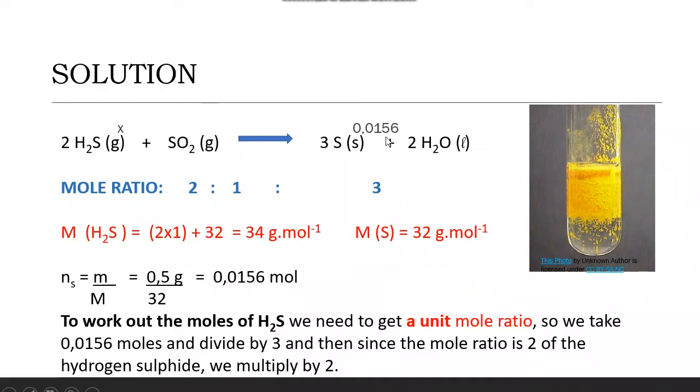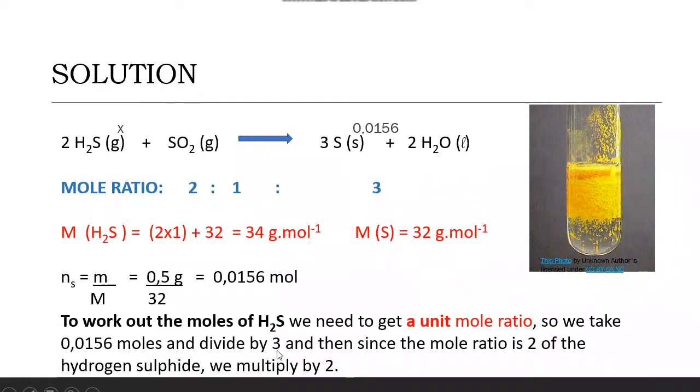Now, stoichiometrically, what would happen? How much hydrogen sulfide combines to give us that? We have to use that mole ratio to do that. I find it's easier to say we need to get a unit mole ratio. So we take that mole and divide by the 3, and then we know that's the unit mole ratio.